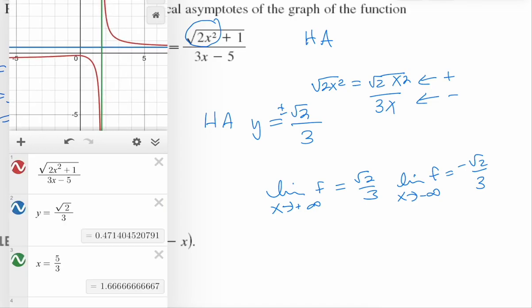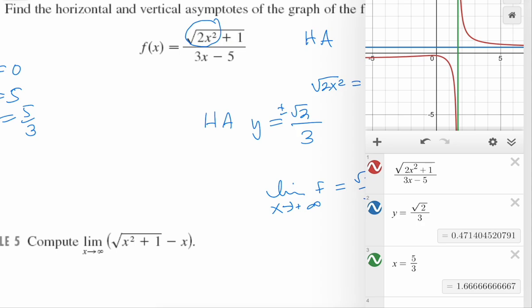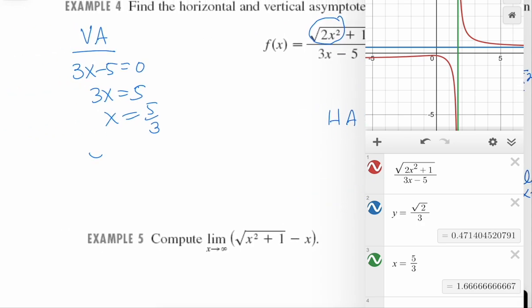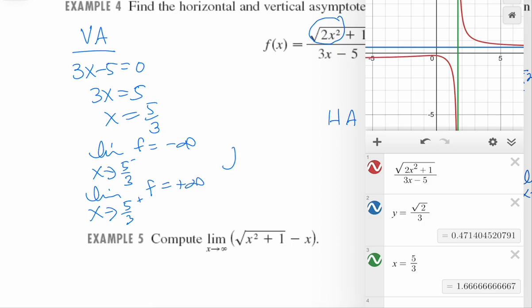We could say that the limit as x approaches it from the left is negative infinity, and from the right is positive infinity. So the limit as we approach 5/3 does not exist because they don't match. They're not both going up or both going down.